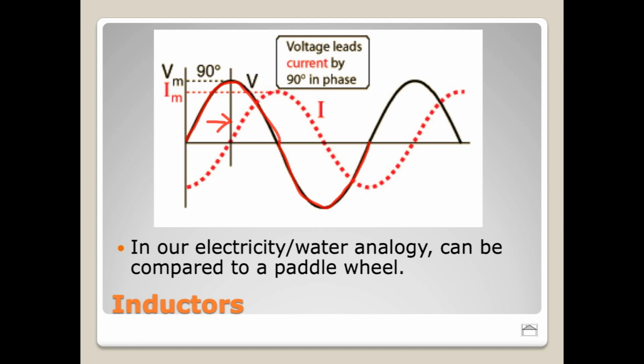Now, if we were simply going back to your first semester and talking about phase, if we were to combine these two waves, what would happen? Well, we'd see some measure of cancellation, because in this case, they're offset by 90 degrees. Remember, we talk about our waveforms from 0 to 360 degrees.